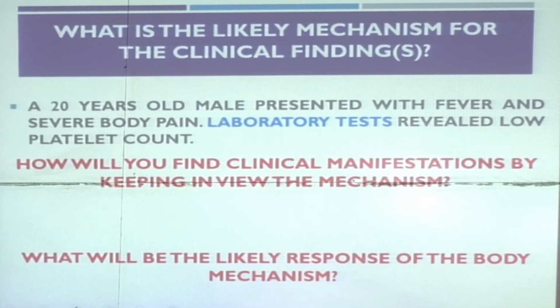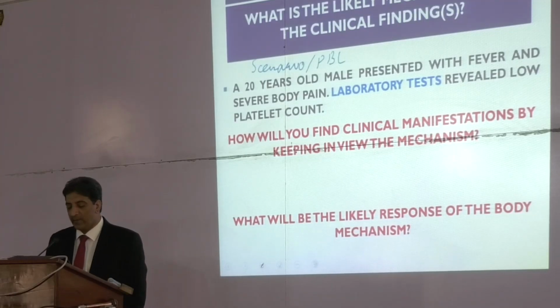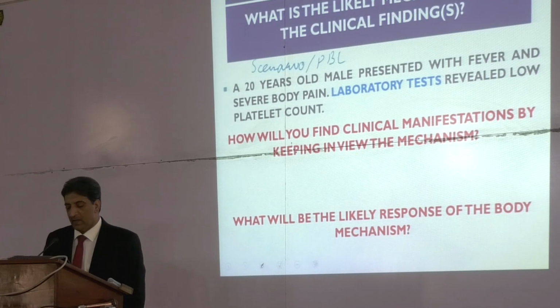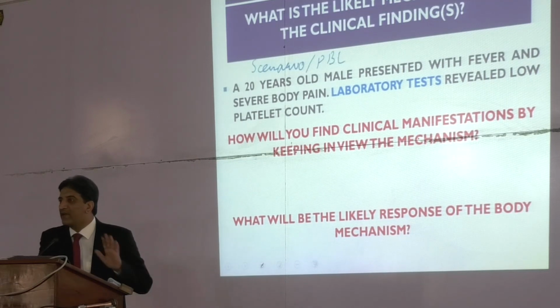Now, what is the likely mechanism for the clinical findings? Our scenario is a 20 years old man presented with fever and severe body pain. Laboratory tests revealed low platelet count. Now, what are the trigger points?